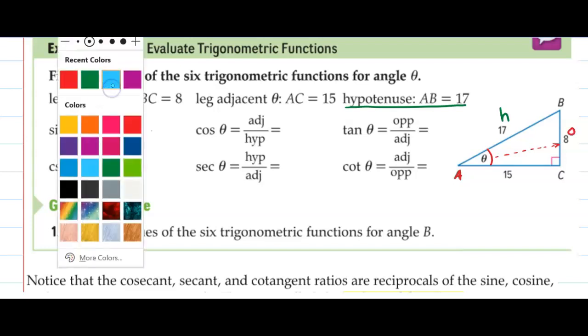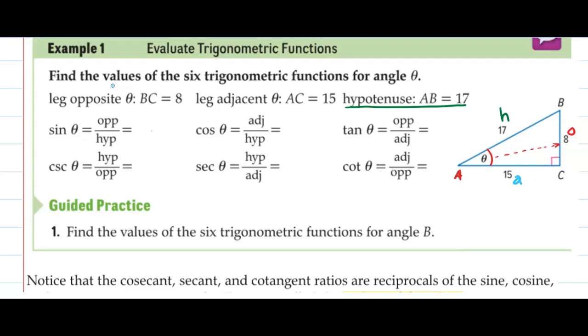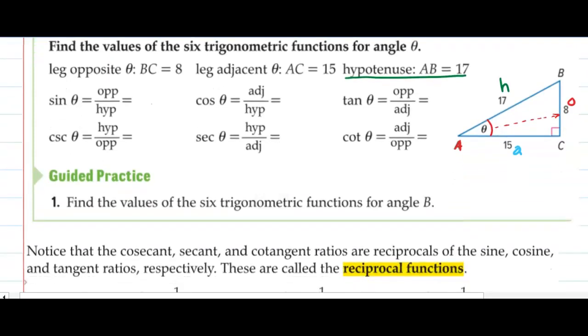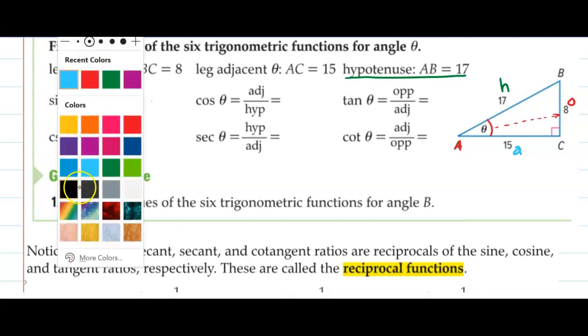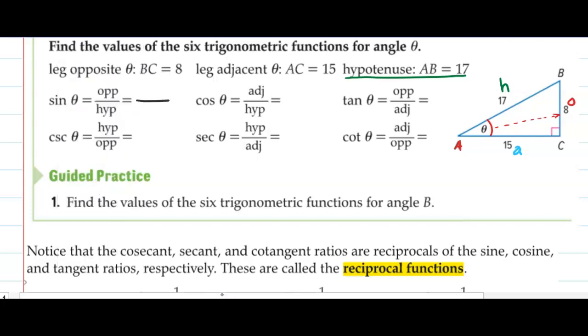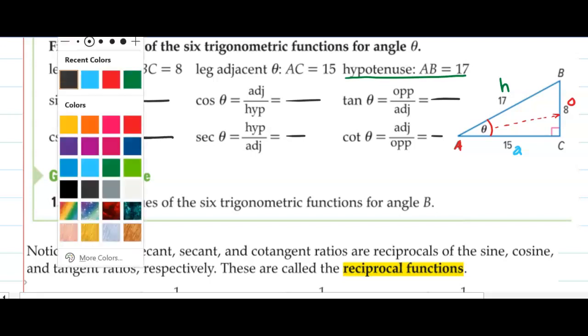And that leaves 15 as the adjacent. From here, we can label these different trig ratios. They're going to be ratios, so they're all going to have a fraction. And from here, we just write the ratios.